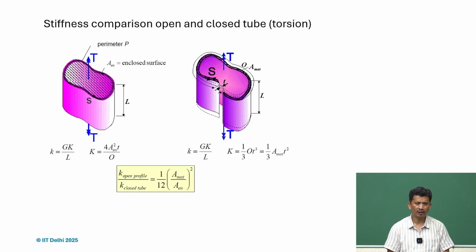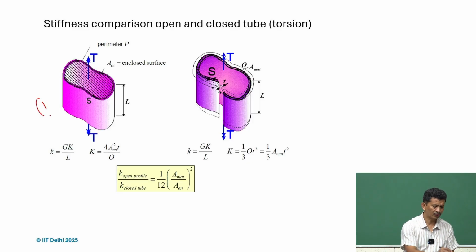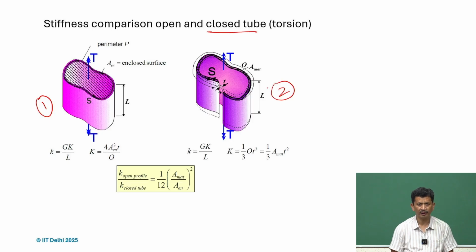If we want to compare two kinds of tubes, one is a closed section, a closed tube, and on the other hand the open one, which has a slit in the longitudinal direction.